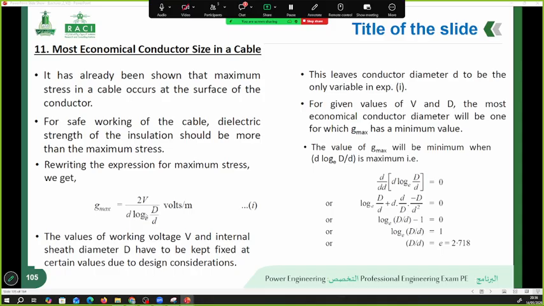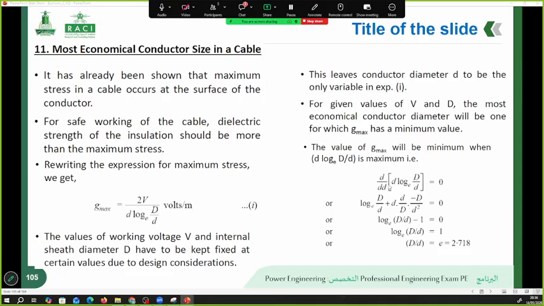To find the value of this small d that minimizes G maximum, the denominator of the stress equation must be maximized.